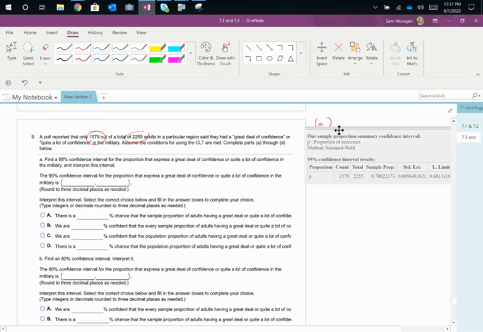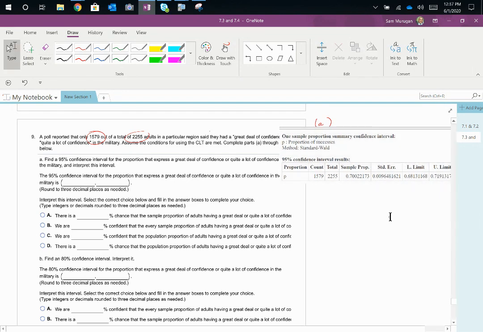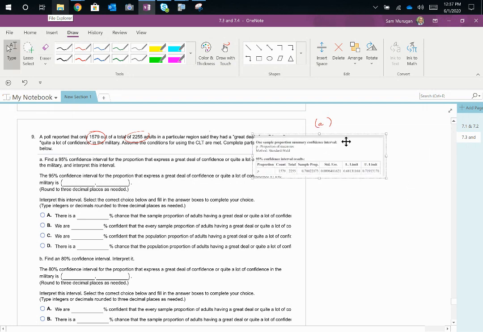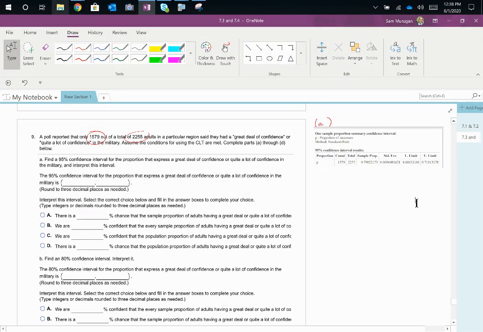See if I can drag this over a little bit. I don't like how this is coming out. Let's see if we can make it a little smaller first. Much better. So we've got 0.681 to 0.719.